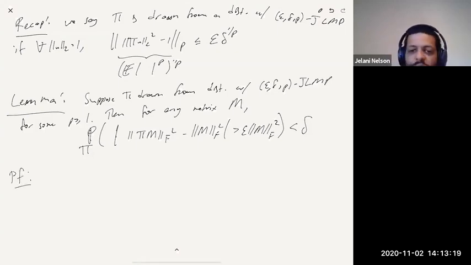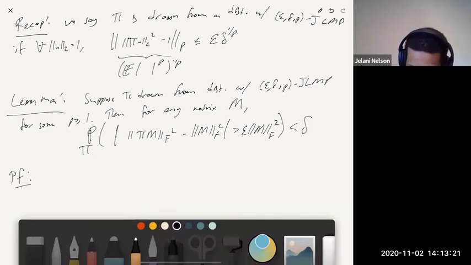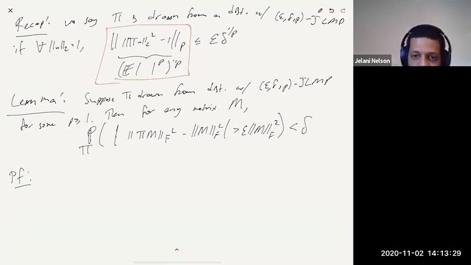It's basically via the triangle inequality, using the fact that this thing is in fact a norm on random variables, and we're going to use that fact.